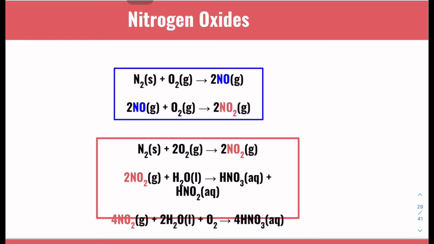Okay, and then the nitrogen dioxide mixing with water will form nitric acid and nitrous acid. Okay, nitric acid is one of the common acids, and it comes from nitrate, which is one of the polyatomic ions you need to know. So when it has the hydrogen, when it's protonated, this is nitric acid.